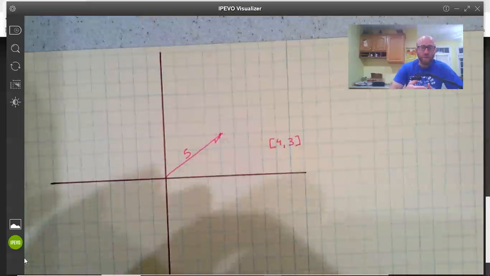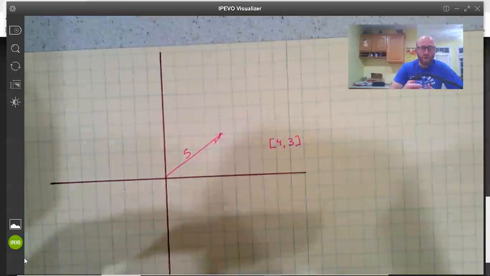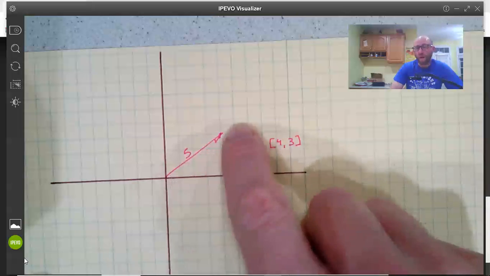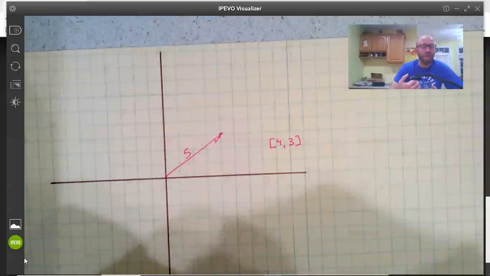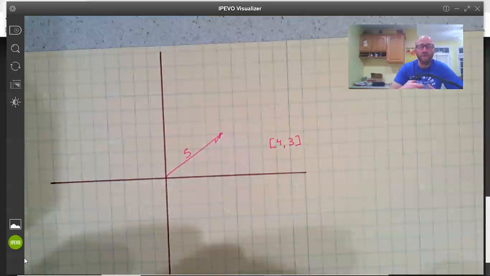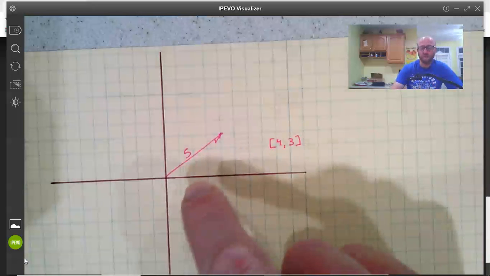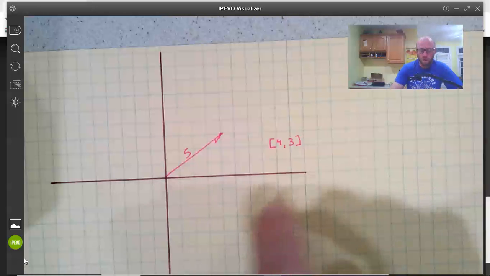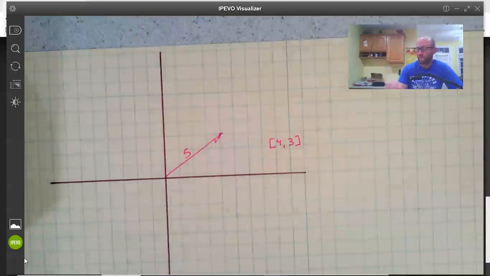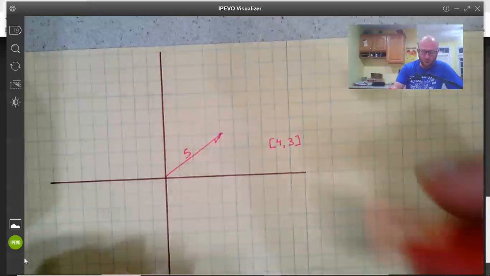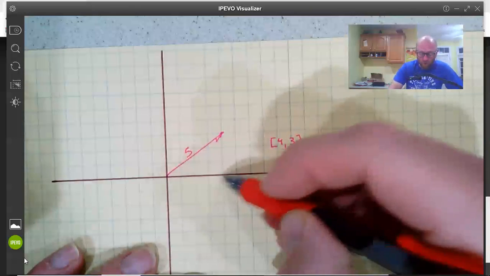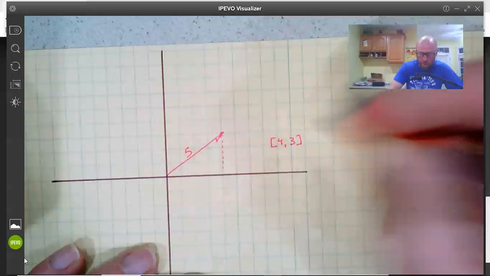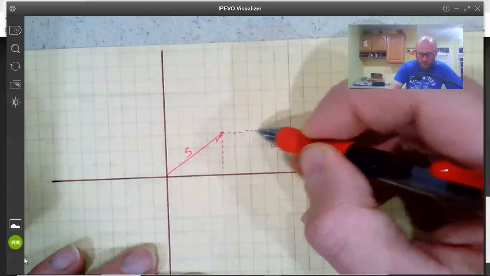So the question comes up is, well, what if I wanted to have a vector that was the same direction, still in this direction, but say it had a different length? Say, for example, I wanted a vector that was twice as long as this one, so 10 units long, but still in the same direction. Well, I hope that this makes sense, that I would just go over 4 and up 3, and I would just do that again.